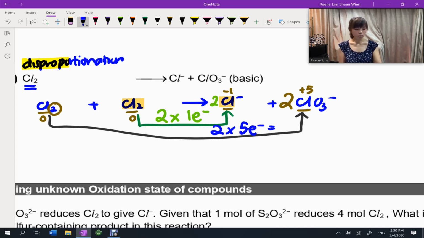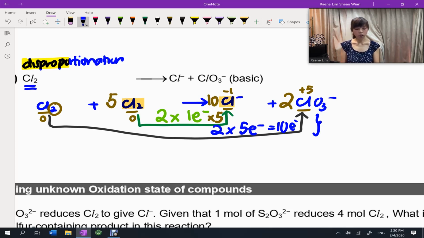So you need a total of 10 electrons for this reaction, and therefore we need to multiply by 5 in front of the half equation connecting Cl2 to Cl⁻. So 2 times 5, I need to have 10 Cl⁻ here.